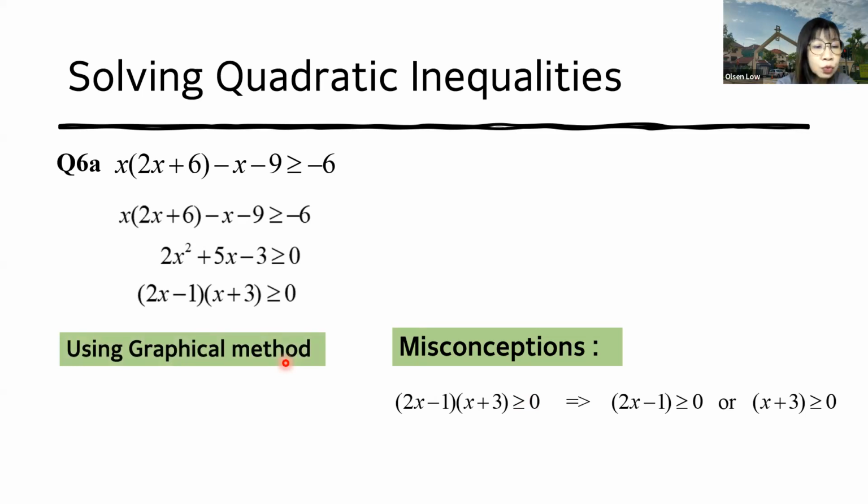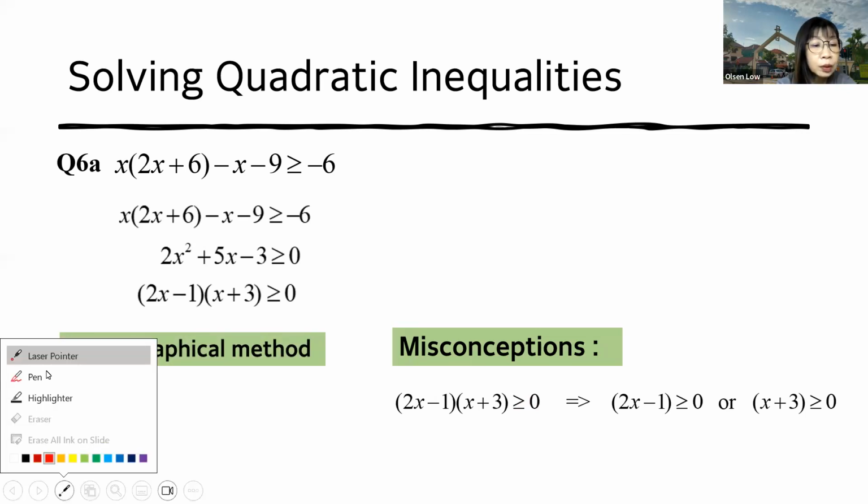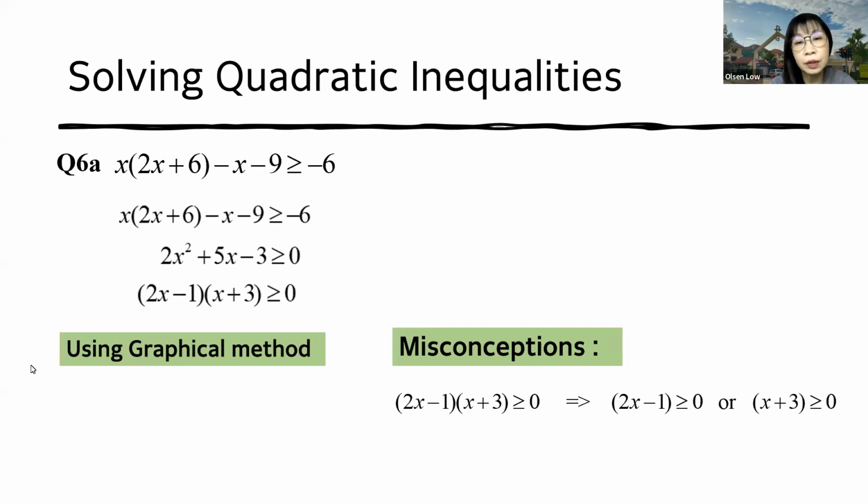When we do the graphical method, we need a diagram like this, which represents the x-axis. What we also observe is that this is a positive graph, whereby the coefficient of x squared is positive, which means we will be getting a minimum graph.